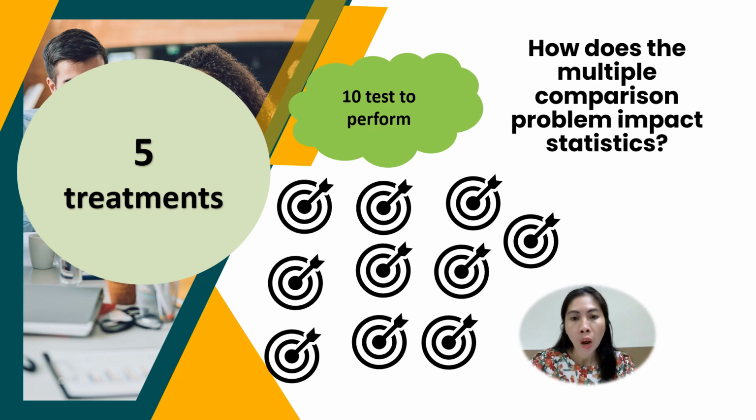This is where we can correct our testing procedures for multiple comparisons by considering a lower significance level. This has the disadvantage of reducing our statistical power to detect some real differences.